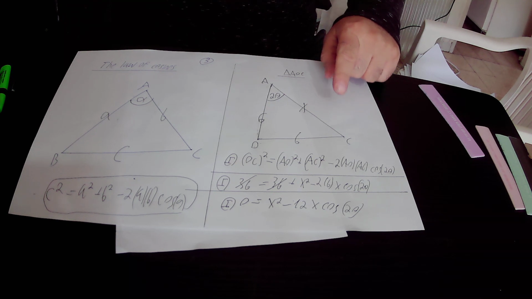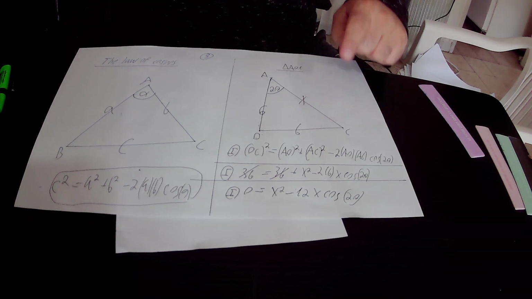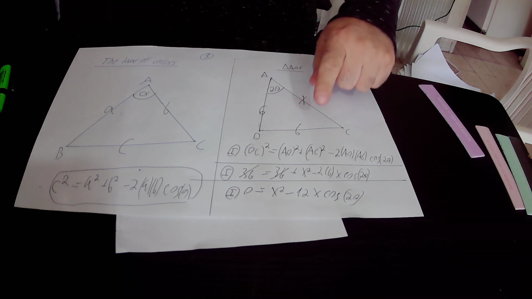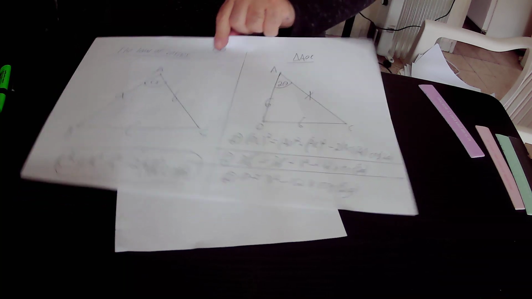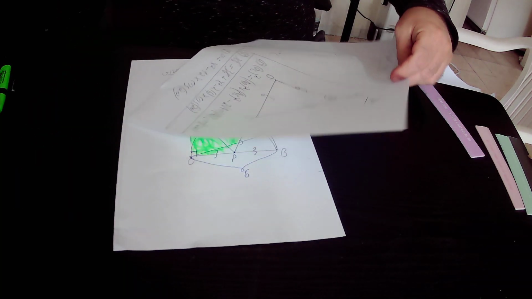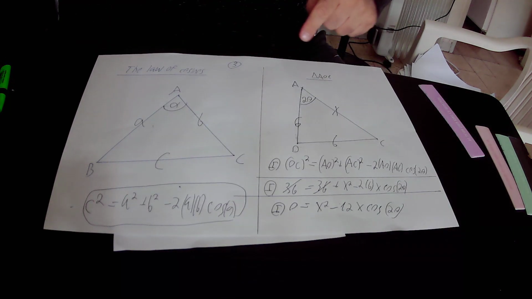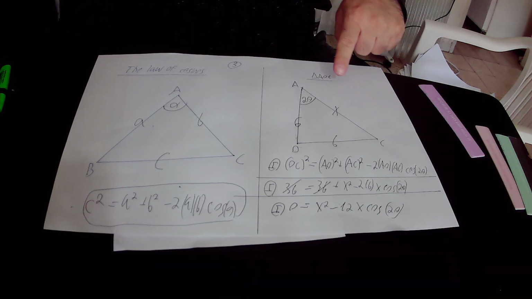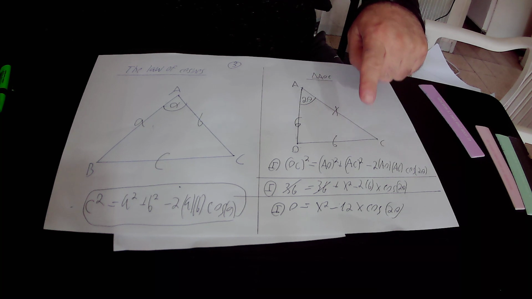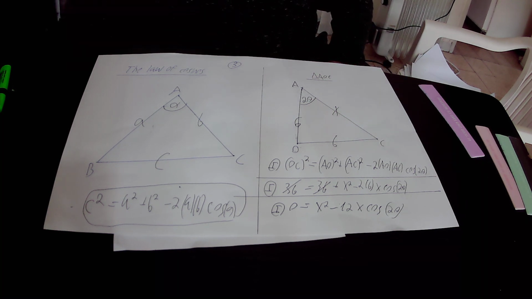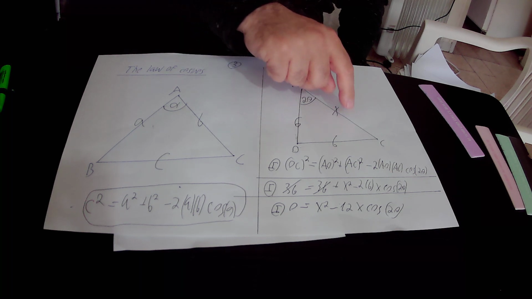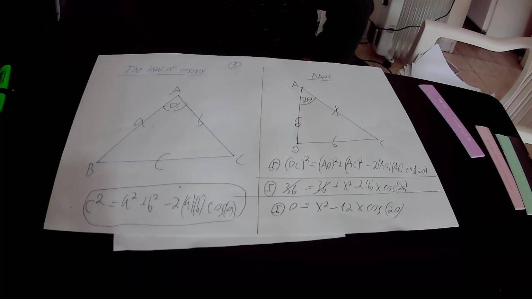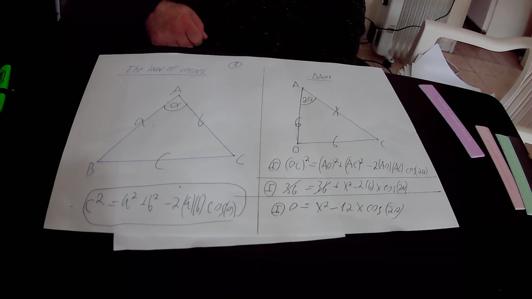Plus AC squared. AC is x, so AC squared is x squared, minus 2 times AO, that is 6, times AC, this is x, so it is minus 2 times 6 times x times cosine 2 theta.